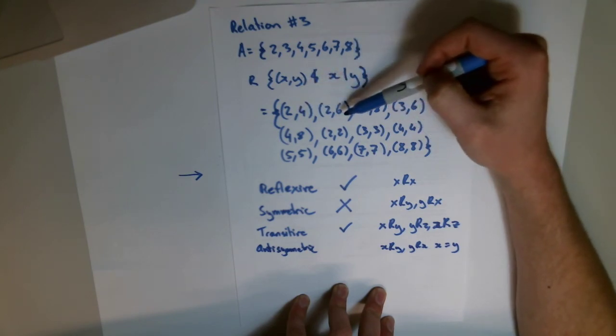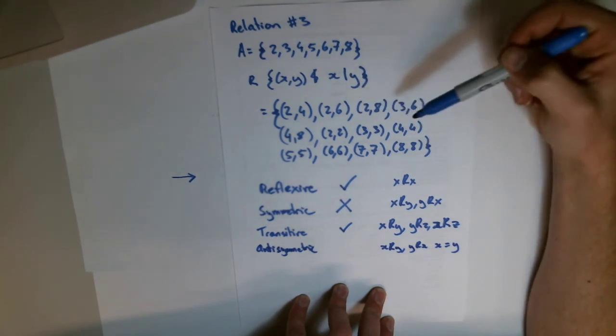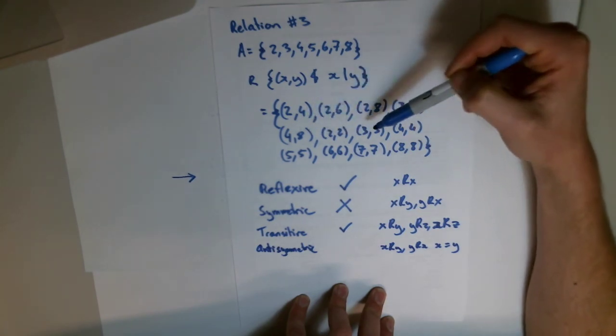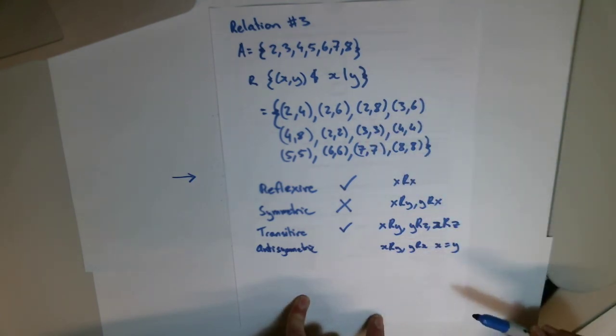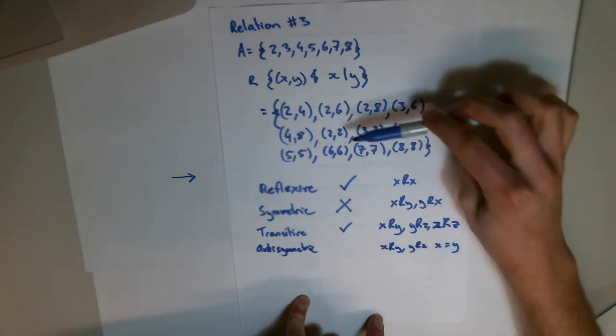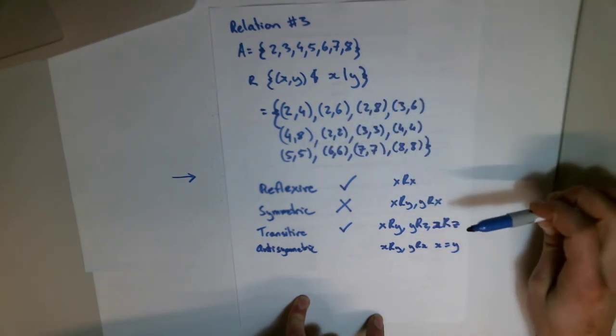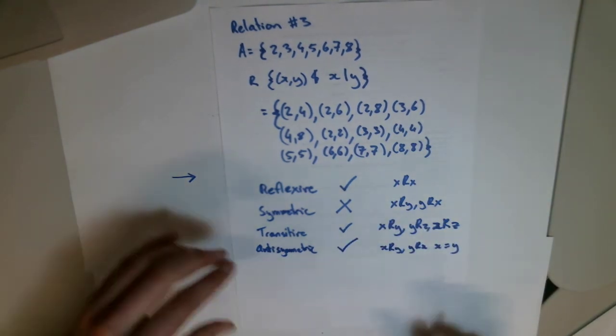We've got 2 to 6, and we don't have a 6 back to 2. We've got 2 to 8, we don't have an 8 back. 3 to 6, 4 to 8, 2 to 2. So this is an anti-symmetric relation, because we have a whole bunch of examples where this is true, but none where it isn't.